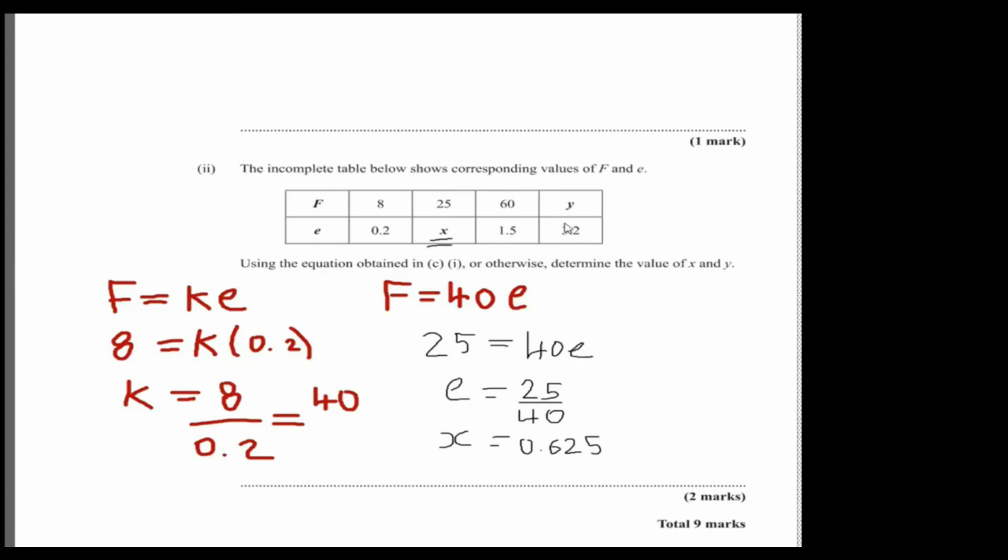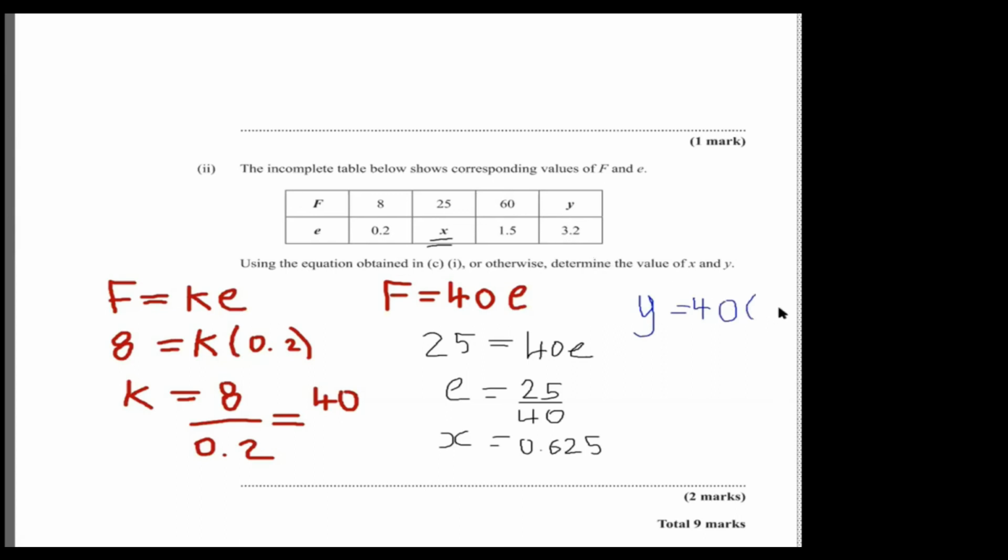Let's use blue now to find Y. To find Y, we have Y, which is the force. So Y is going to be equal to 40 times E. 40 times E. And what is E? E is 3.2.